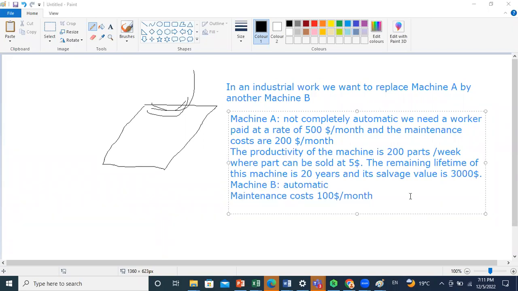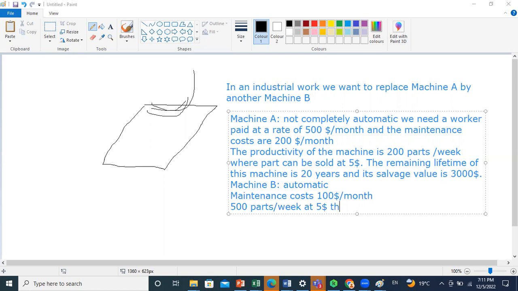Concerning the productivity, it's 500 parts per week, also at the same rate of $5 per part.